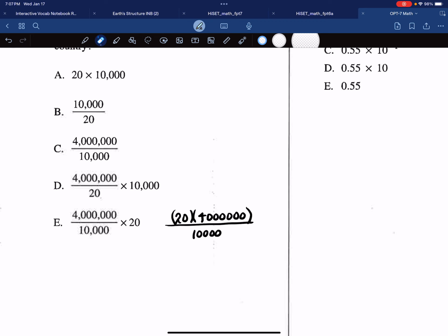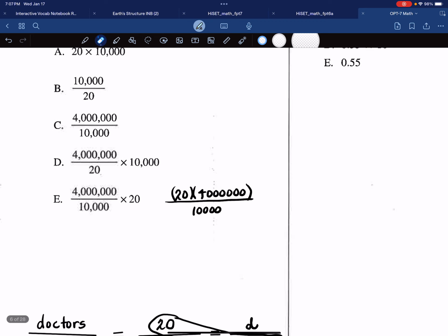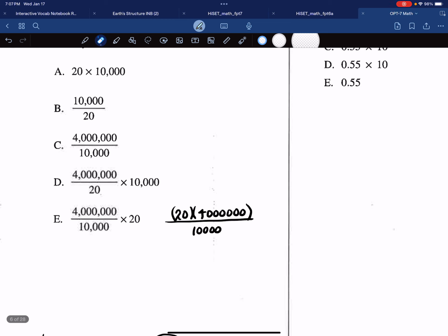Well, since I am multiplying and dividing, I have the ability to rearrange some terms. So what if I let this 10,000, you can't do this with addition and subtraction, but multiplying and dividing have a little bit more liberty. You could put it over here, or you could put it over here under that 4 million.